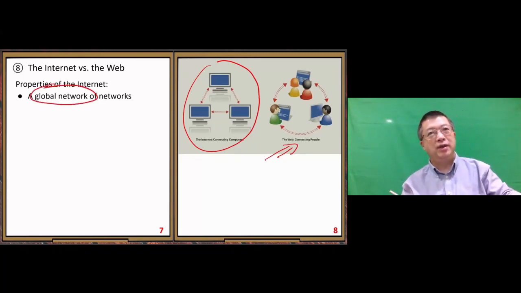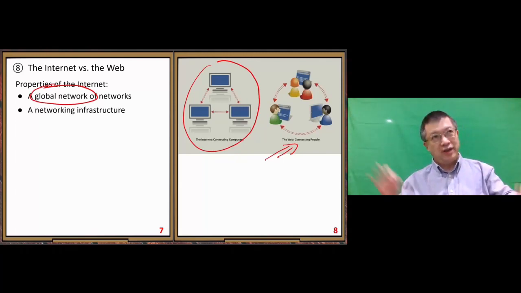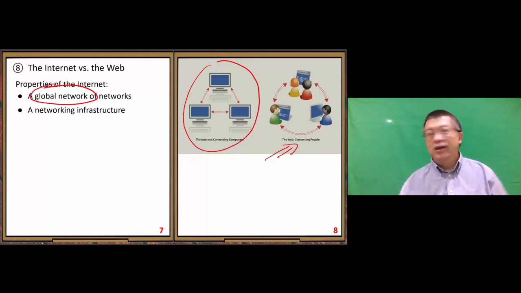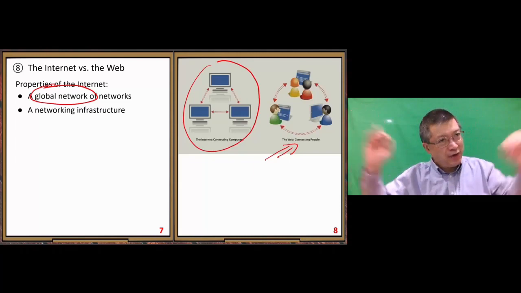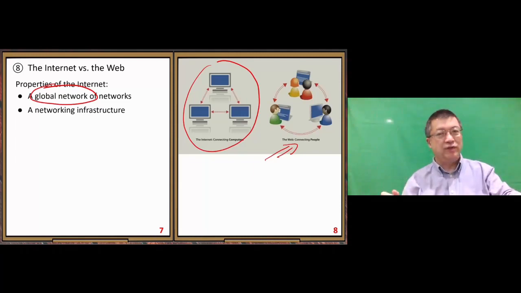That's the first property of the internet. Second, a networking infrastructure. So we build it and we need to use that infrastructure.